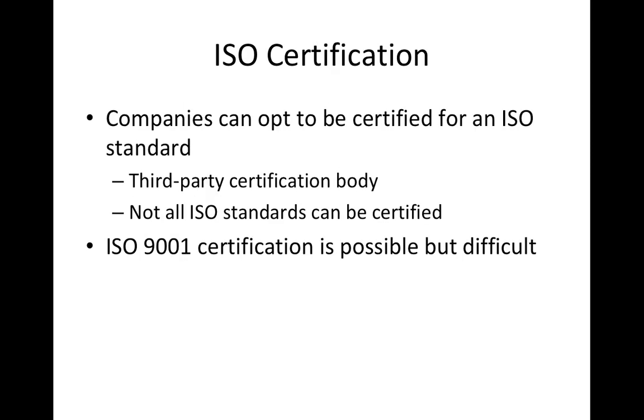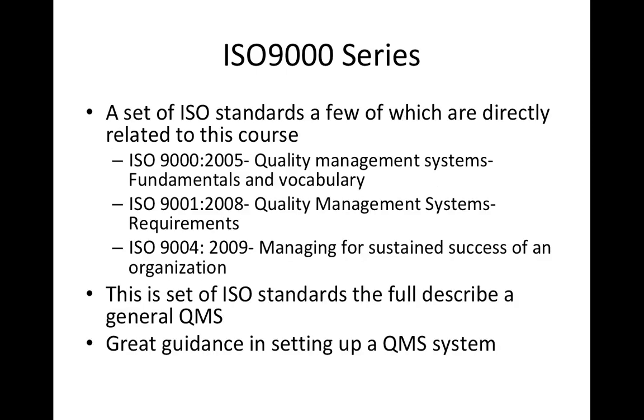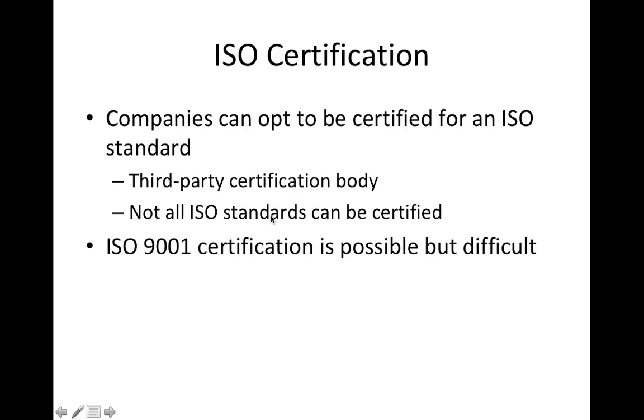Now, the idea is if you meet all these requirements, so all the ISO 9000 requirements, you get what's called the ISO certification, right? Essentially, you will be applying for certification, and a third party company will come by and check to see if you're actually meeting ISO standards.